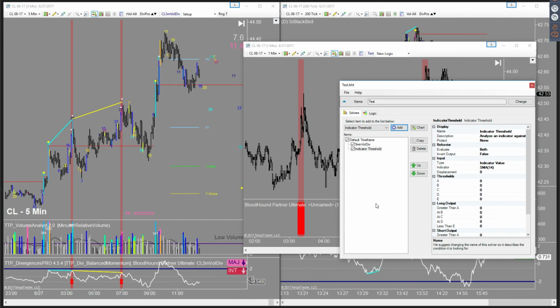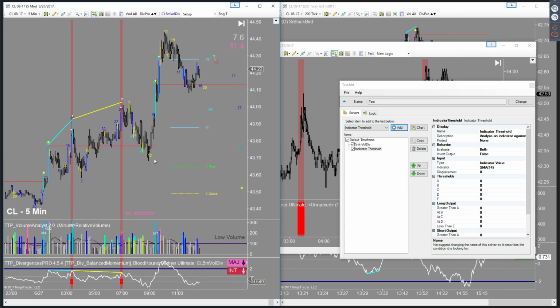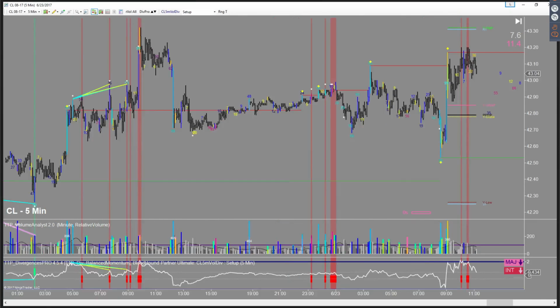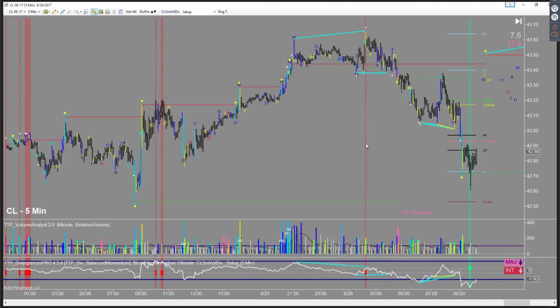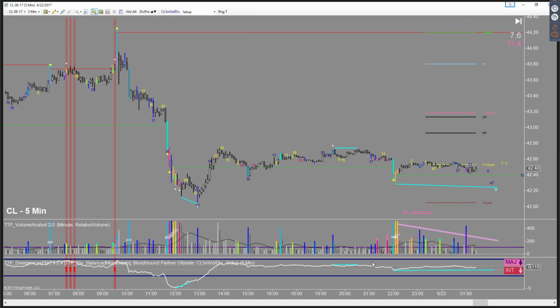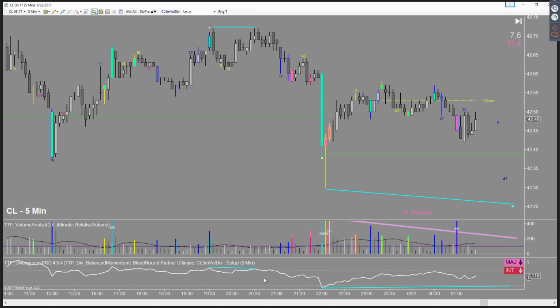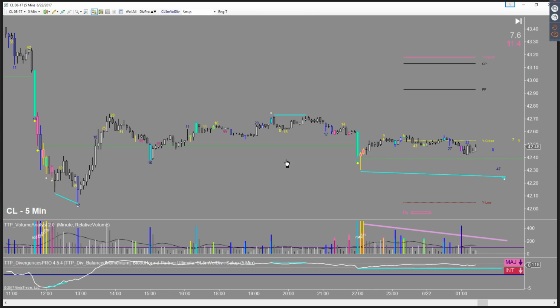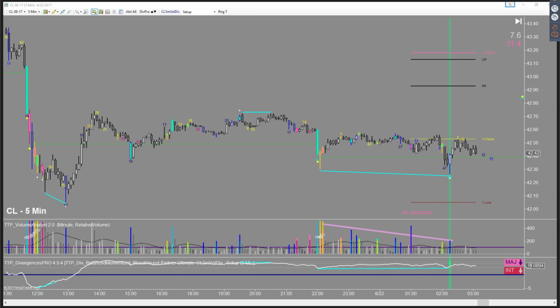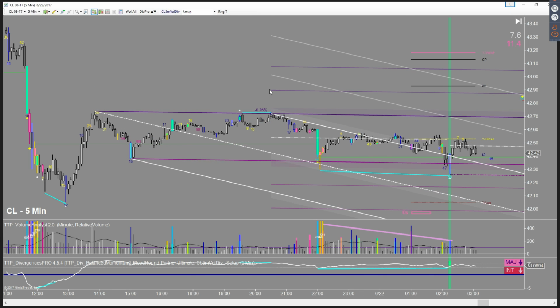So let me show you one more example. We had, where did we just have that? Right here. So this is really cool. I'll show you this and then I'll show you Blackbird. So I told you we had all these different market geometry readers now to be able to read all these different signals.